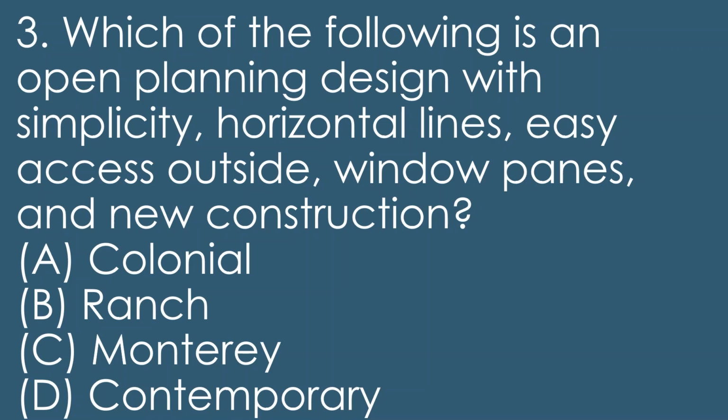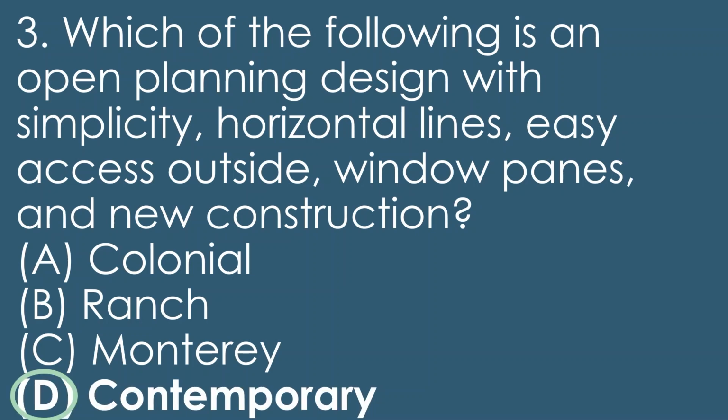So on this, we're talking about a type of design. What style is simplistic, horizontal lines, very modern they're kind of getting at here, easy access outside, large windows, so lots of windows, and relatively new construction, so more modern. In that case, the correct answer out of all of these is contemporary. You kind of just need to know that when they're referring to this, it is contemporary.